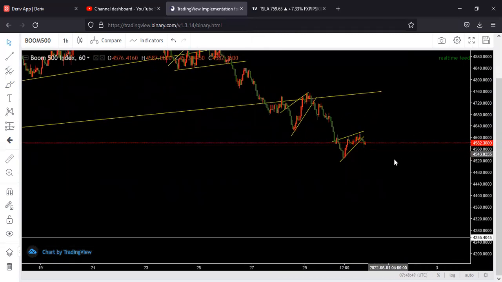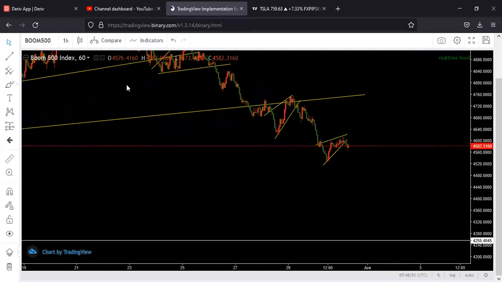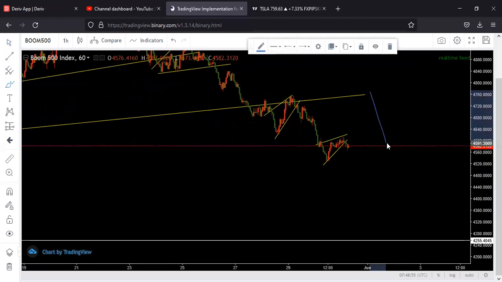We understand that after an impulsive move to the downside, we always have either a tight flag or a flat flag to the downside. This one is the same as this one. So, impulsive move to the downside, then correction.